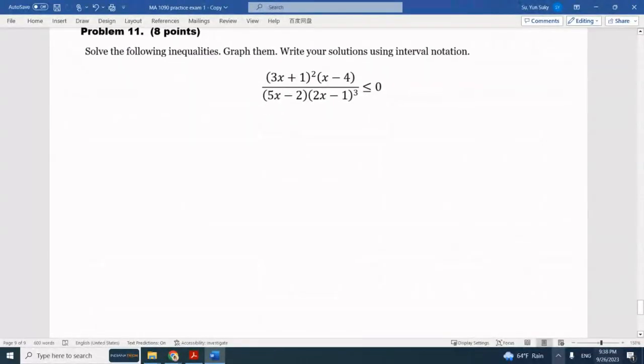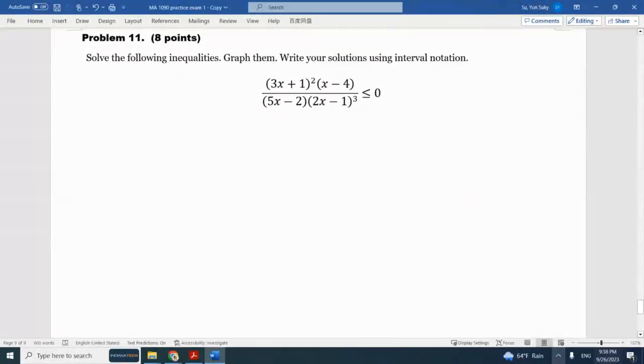Awesome. Okay. This is a polynomial inequality, or you can say inequality with rational expressions. They work similarly, right? So first of all, we want to find the critical numbers. The critical numbers, we set each factor equal to 0.